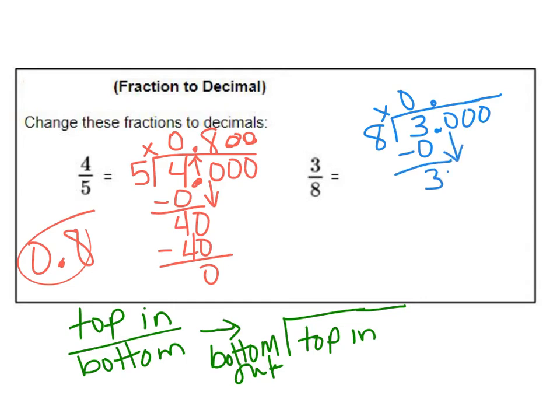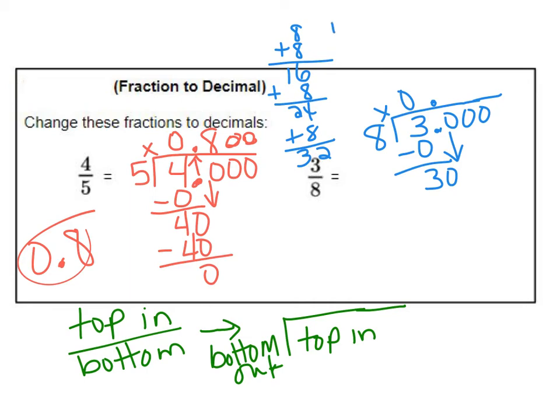Bring the 0 down. 8 into 30, well, let's see. I could use a strategy where I'm going to be adding. So 8 plus 8 is 16, plus 8 is 24, plus 8 is 32. So that went over 30, so I can't use that last 8.